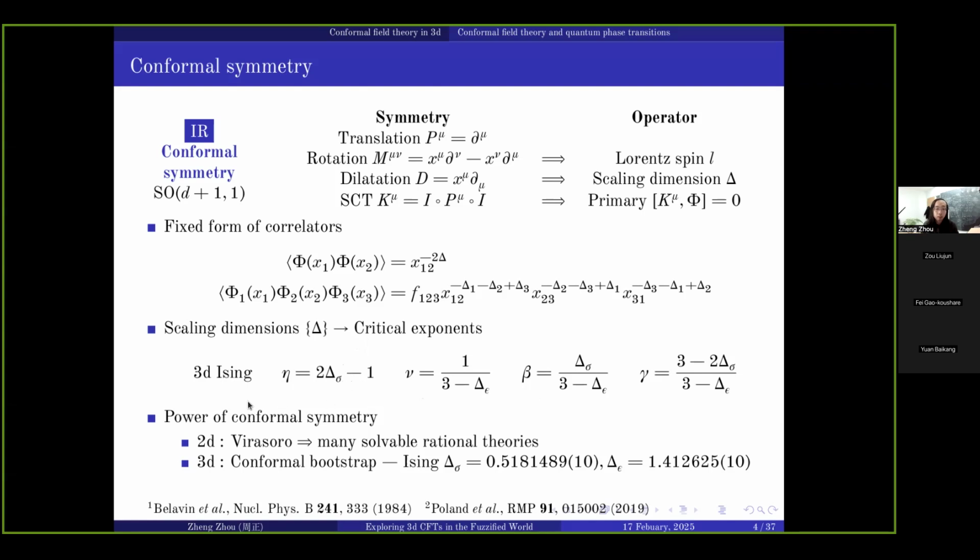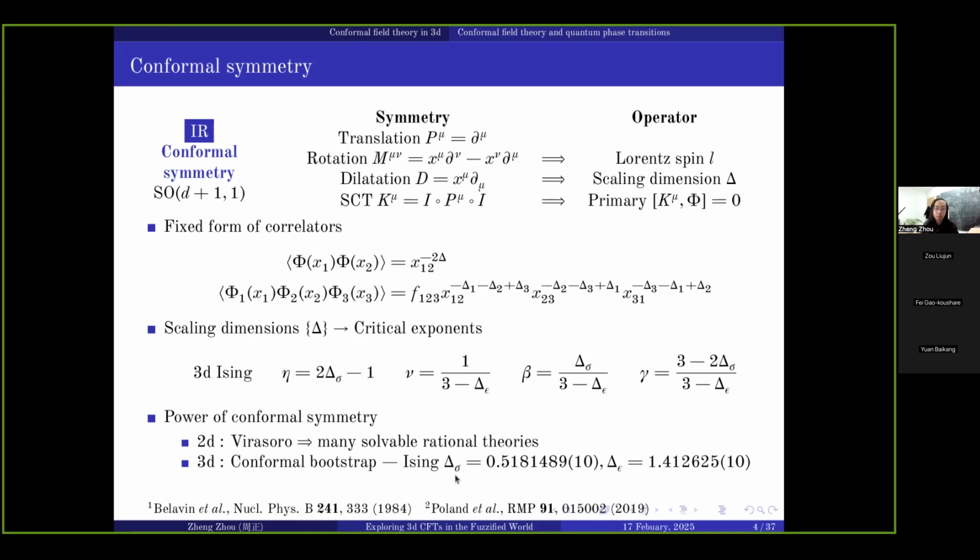So the conformal symmetry is very powerful. In 2D, besides the global conformal symmetry, there exists an infinite dimensional algebra called the Virasoro algebra, which leads to many exactly solvable rational theories. In 3D, although the CFTs are not exactly solvable, the conformal bootstrap still casts very rigorous bounds on the scaling dimensions.